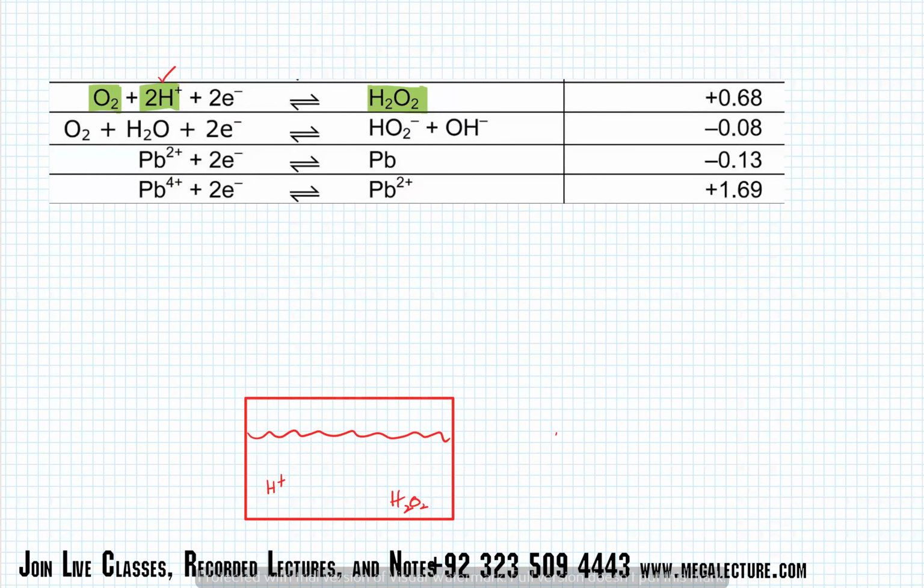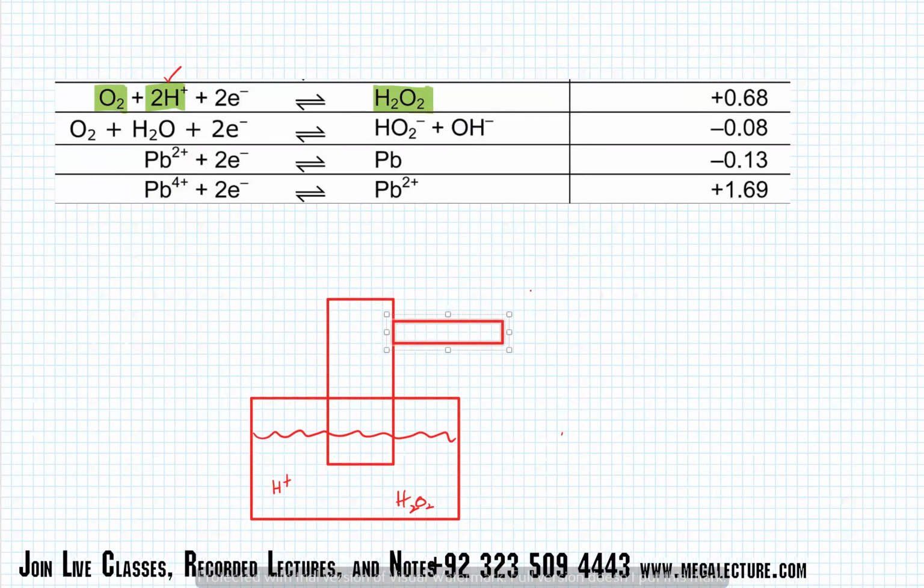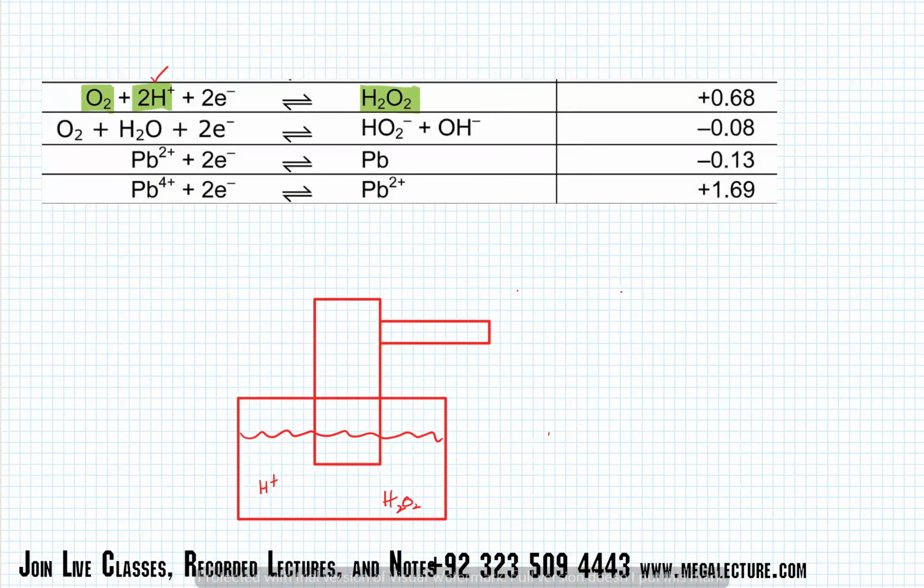So I would add a gas jar. Let me draw. So I guess that kind of looks like a gas jar. And the gas jar will have what? Oxygen gas.